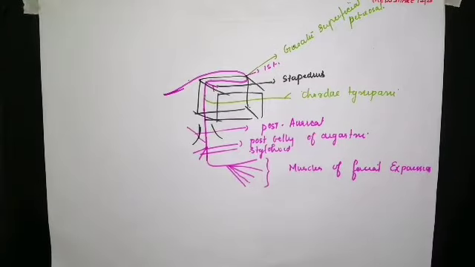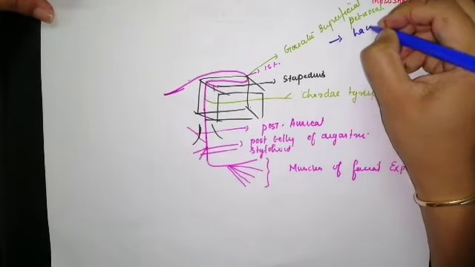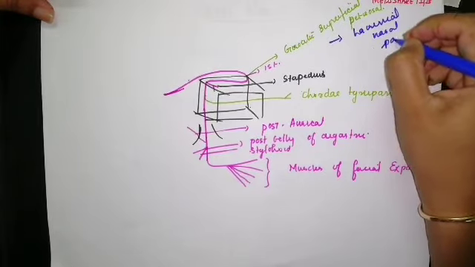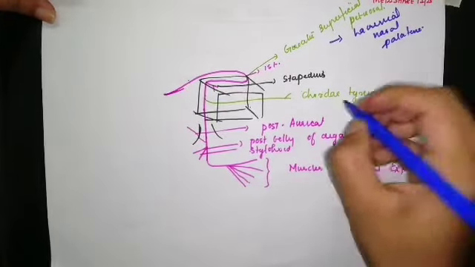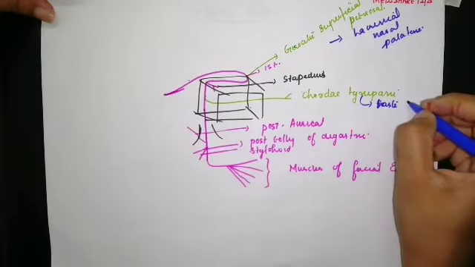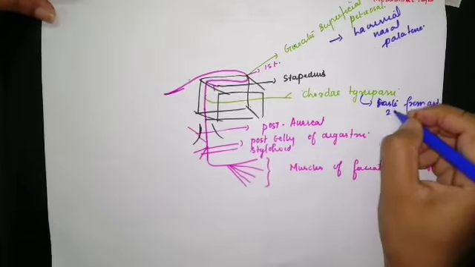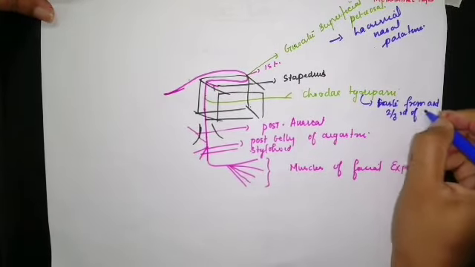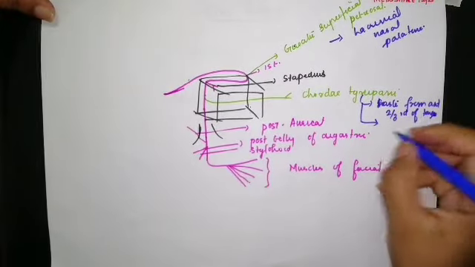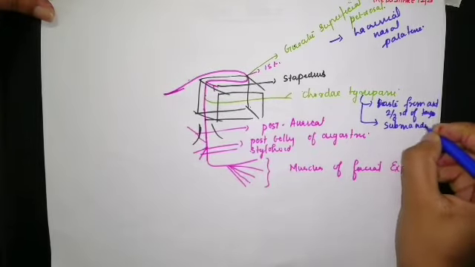So the greater superficial petrosal carries parasympathetic fibers to the lacrimal, nasal and palatal glands. Chorda tympani carries taste sensation from the anterior two-thirds of the tongue, and it also carries parasympathetic fibers to the submandibular and sublingual salivary glands.